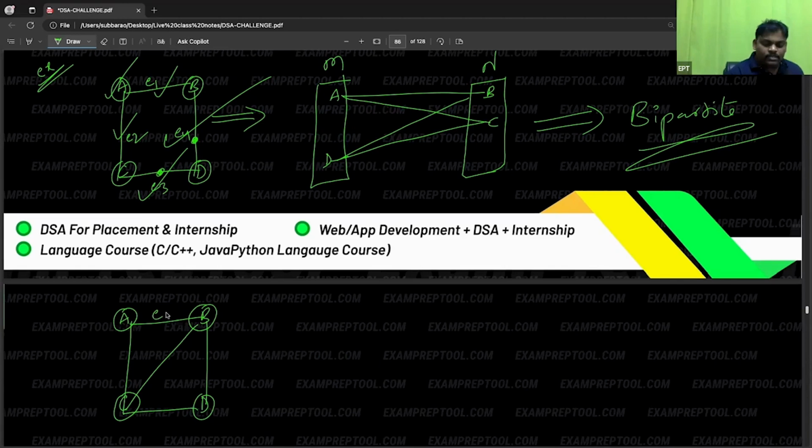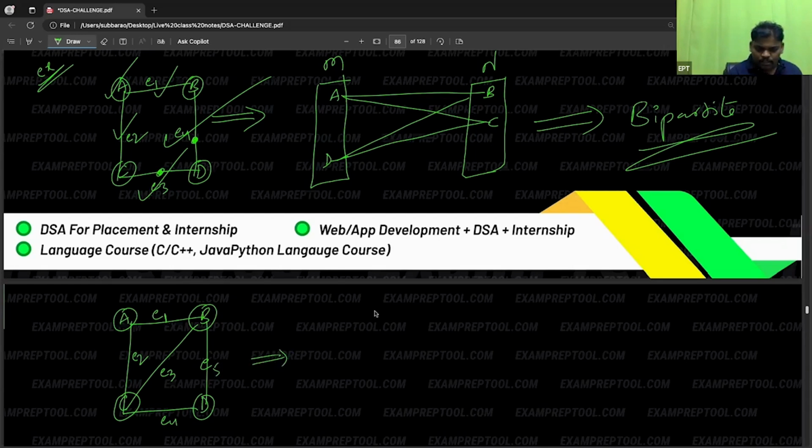If anyone has a small doubt in the above explanation, you can see this: E1, E2. Remember, all edges and all vertices, everything should be covered. The total graph should be covered, not only vertices but edges also. At the end, all should be there in the graph which you draw. E3, E4, E5.